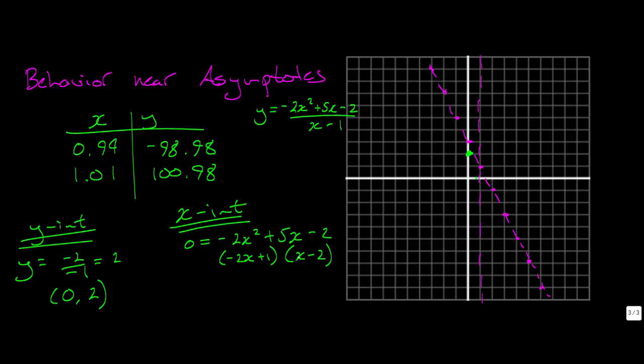When you set these equal to 0, for the one on the left-hand side, if you move the 2x to the other side of the equation and divide by 2, you would end up getting 1/2, so the point (1/2, 0). And for the other one, if you move the 2 to the other side, we have the ordered pair (2, 0). Okay, so those will give me my x-intercepts. So I'll put this one at 2, and I'll put this one at (1/2, 0). That would be this point probably right about there.